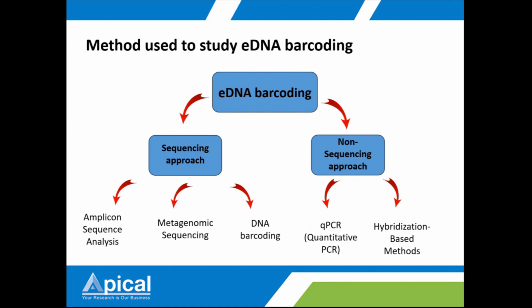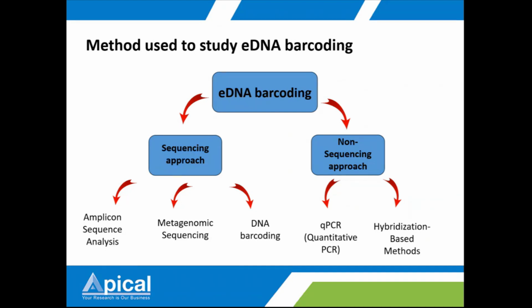Talking about eDNA barcoding, there are a few ways to study it. I can split them into two types: the sequencing approach and the non-sequencing approach. For the sequencing approach, the first is amplicon sequence analysis. Second, you can use metagenomic sequencing.